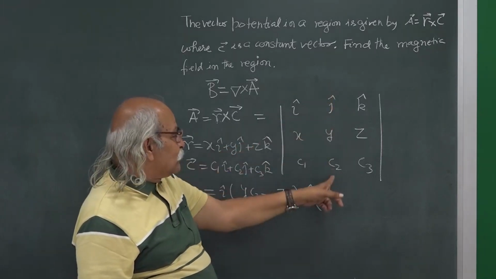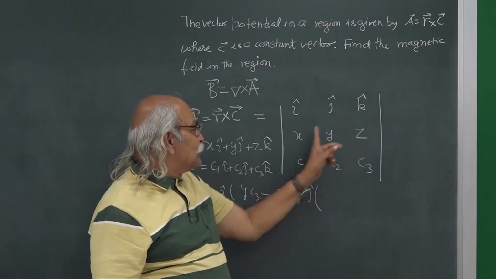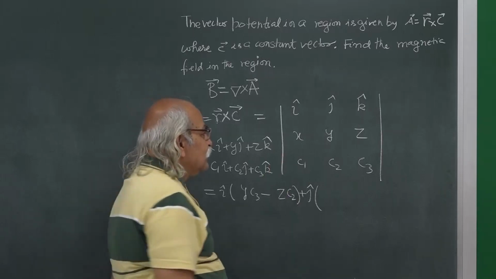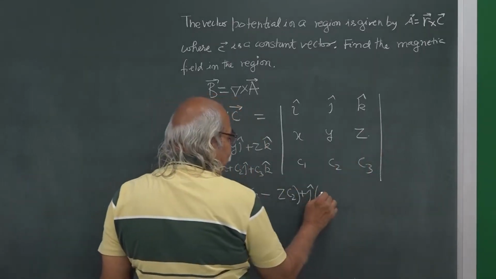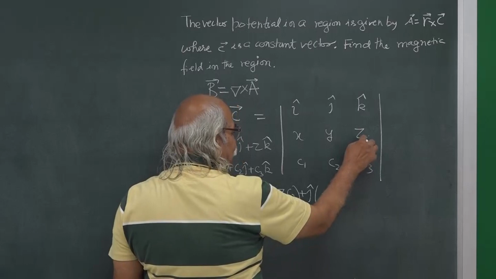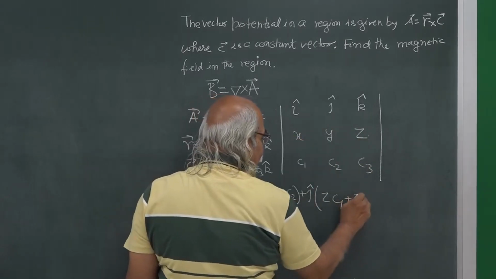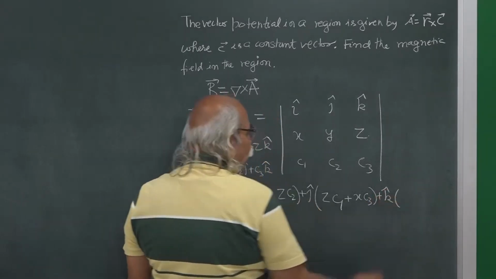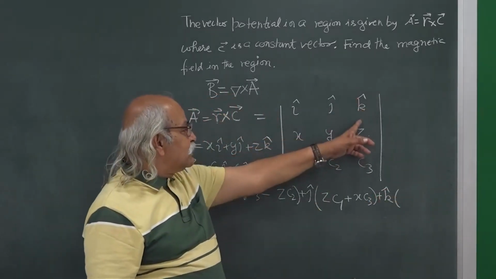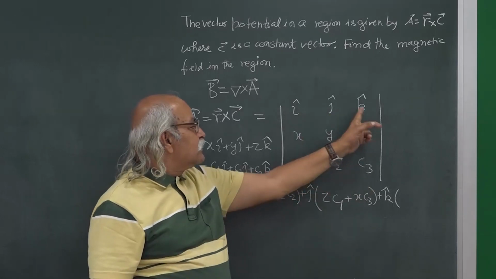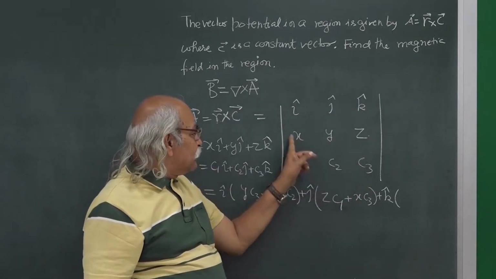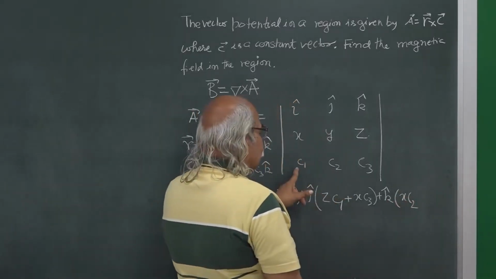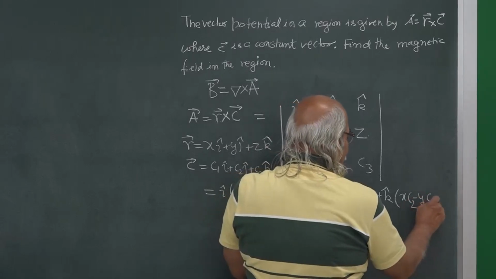So you get x, z, c1, c2, but you have to come the other way. So z c1 first and then minus x c3. And plus k cap: omit the column and row containing k cap. You have these four, so you have x c2 and then minus y c1.